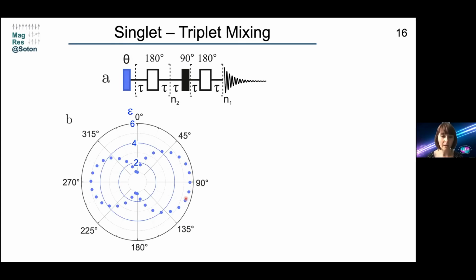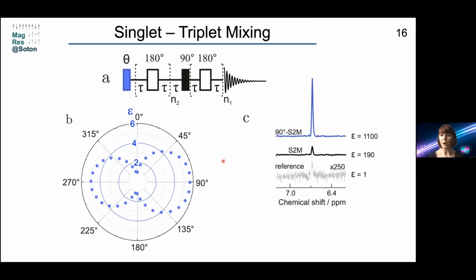As we go away, this enhancement decreases just as expected, and then again going all the way to 360. Comparing just the S2M pulse sequence to 90 S2M, we see a nearly 6-fold increase in the enhancement, and that means that there's a lot of singlet triplet mixing occurring on our chip in the reaction.